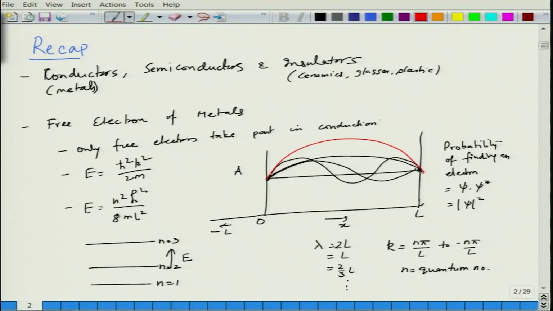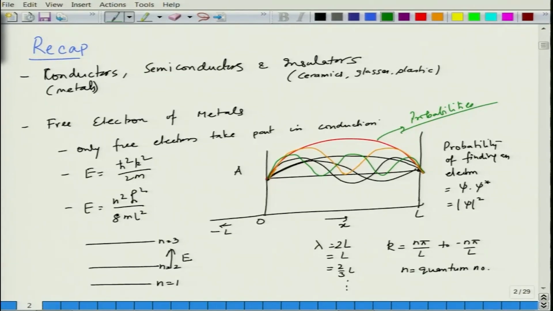Similarly, you can square the other one as well; for the second one your squaring will be like this, and for the third one your squaring will be like this, and so on and so forth. So, these will be the probabilities. Don't worry about the absolute magnitude, but the probabilities will go like this.